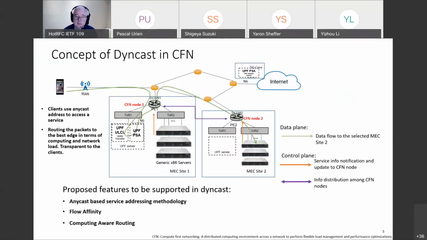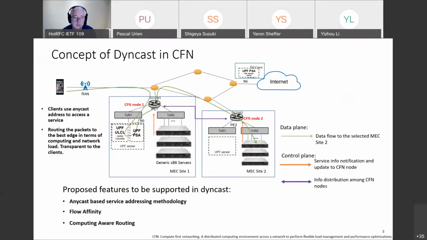So presumably there should be some protocol change, both the data plane and the control plane. The brown arrow lines indicate there should be some control plane information exchange from the server to the data center gateways, and also between the data center gateways or the CFN nodes, which are the blue lines here.